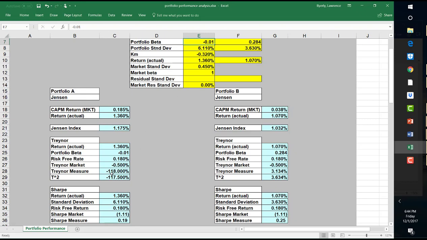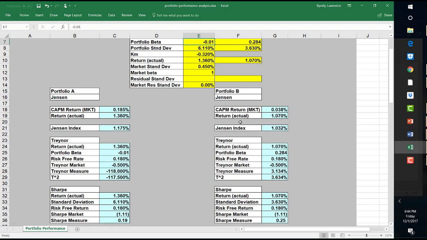So the Treynor measure for A is negative 118 versus negative 0.5. This is saying that the Treynor index is doing worse. And then, of course, over here, it's saying that the Treynor index is doing much better. So, again, A is better than B when you think about the portfolio.